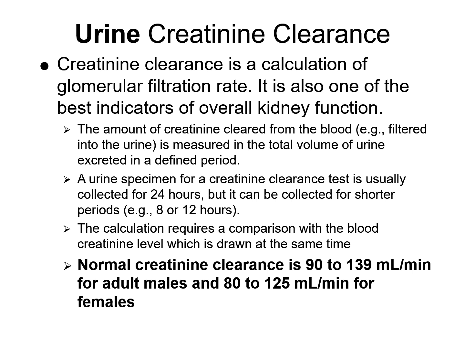Well, the amount of creatinine cleared from the blood is measured in the total volume of urine excreted in a defined period, and it's generally 24 hours, but it can be shorter. The calculation requires a comparison with the blood creatinine level, which is drawn at the very same time that the collection ends.